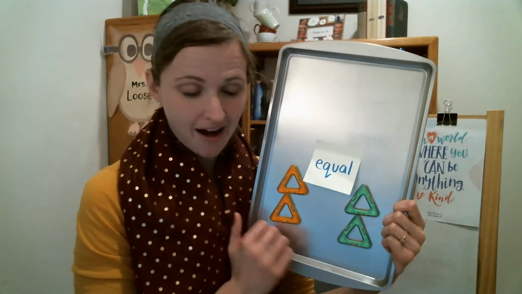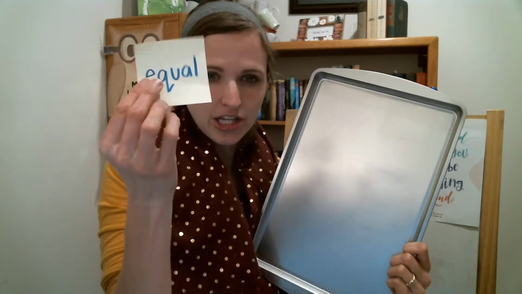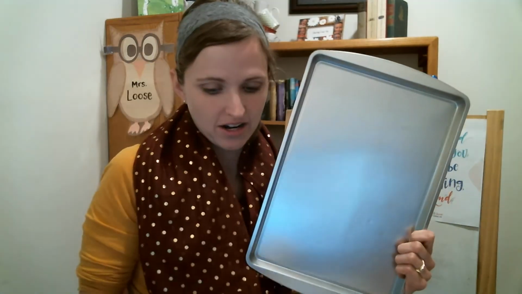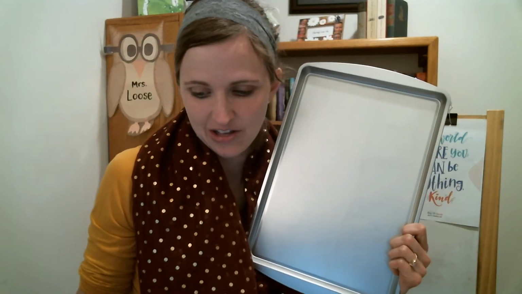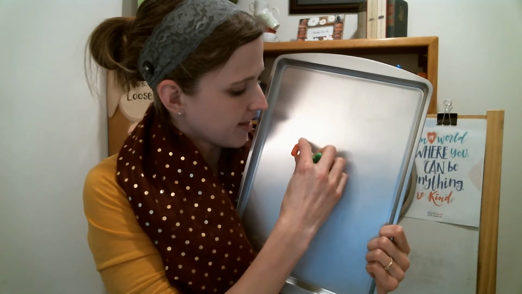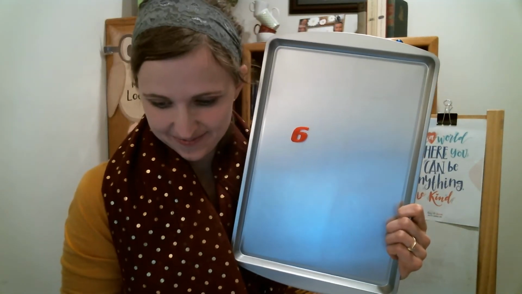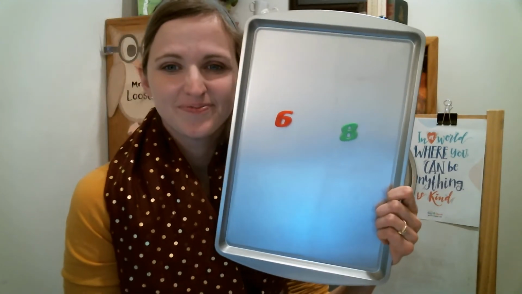Okay. Well, now we've compared these magnets. Let's keep comparing. I might want to use equal again, maybe, or less, or greater. So let's draw from these magnets and see what numbers I get. Ooh, I got the number 6, and I got the number 8.